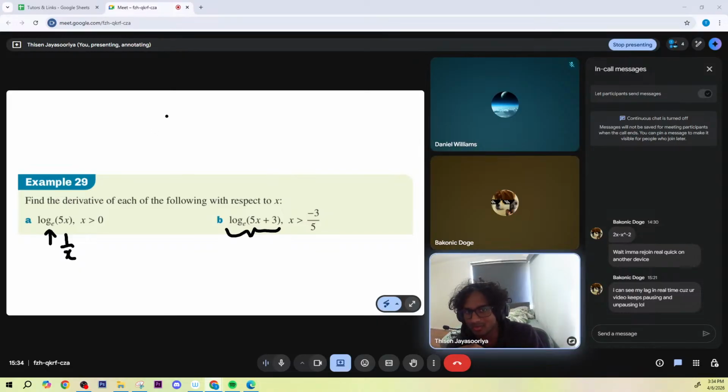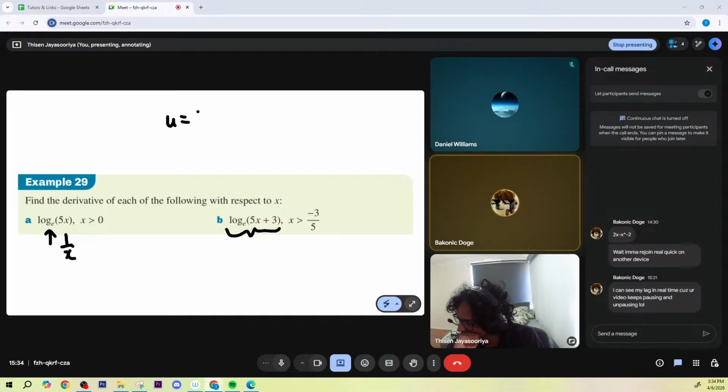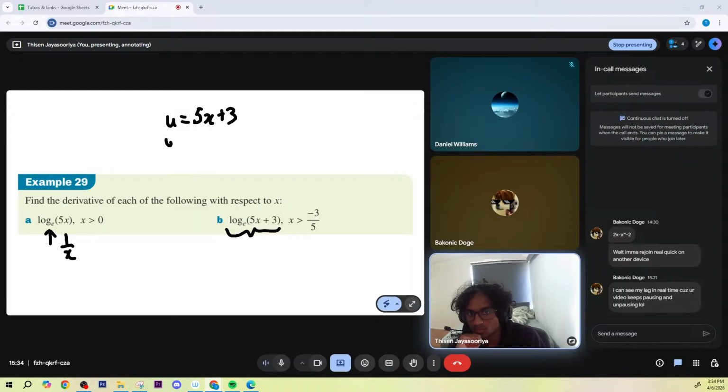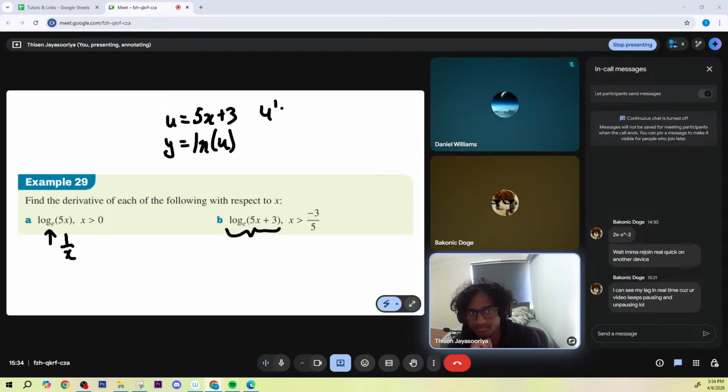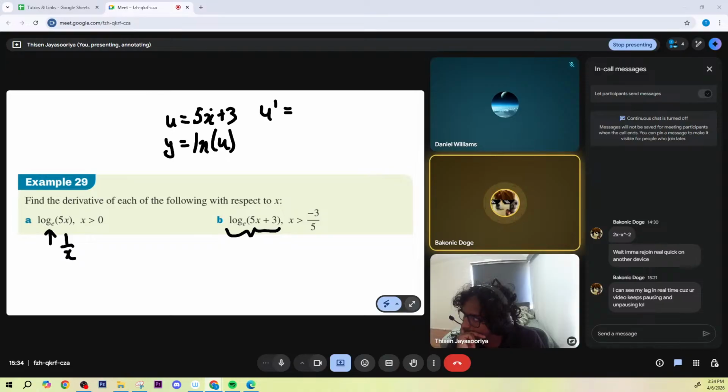So, what am I letting u equal to here? 5x plus 3, yeah? What does y equal then? Log natural of u. So what's the derivative of this? 5.